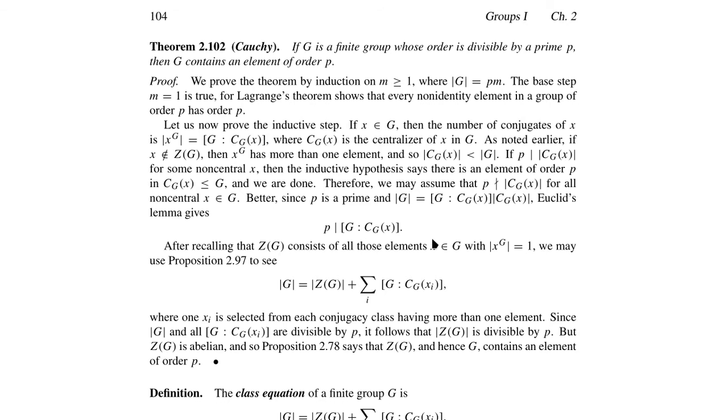If m is equal to 1, this is true, but we'll have to prove the inductive step. So you take an element from the group, you count the number of conjugates it has, and just as we saw, the number of conjugates it has is equal to the index of the centralizer.